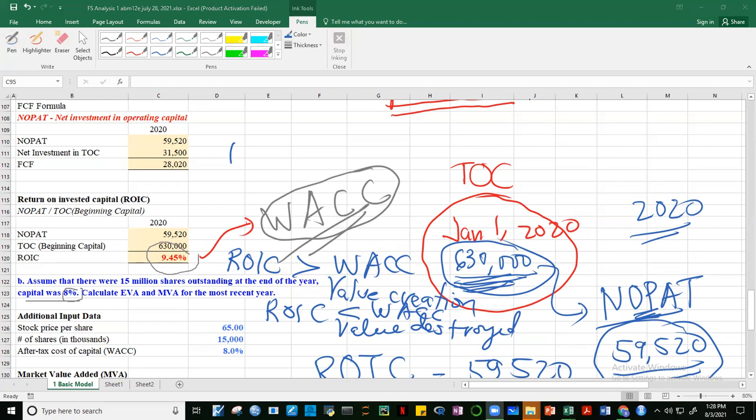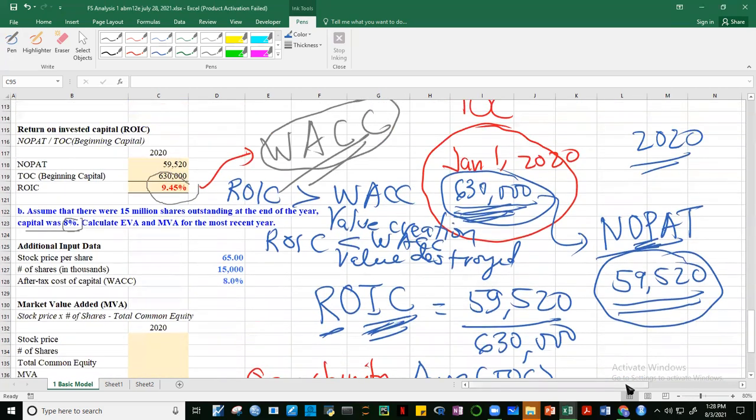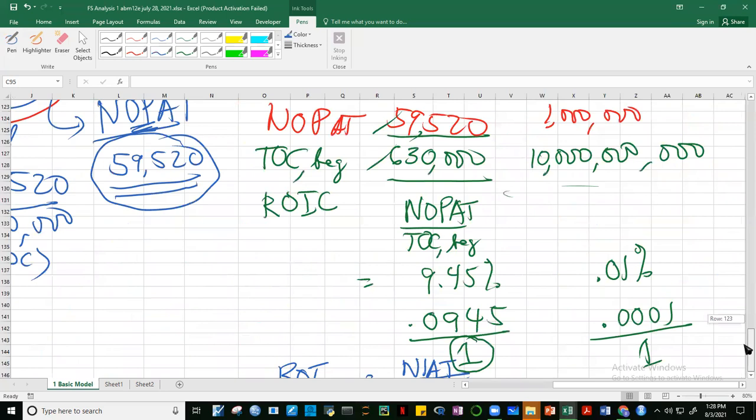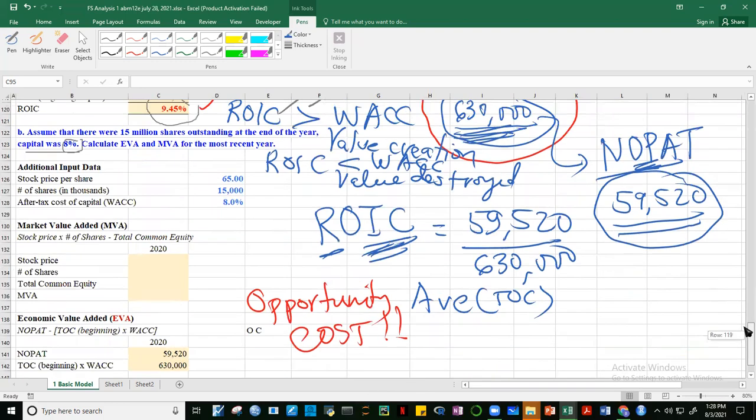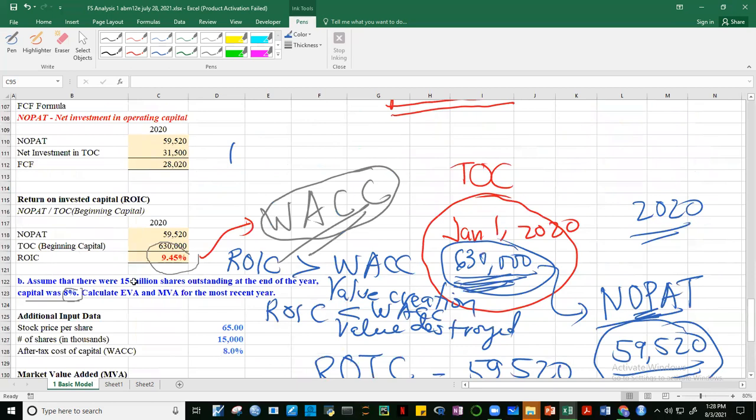Si ROA, magkano yung net income per peso of asset? Okay? So Lexi, thank you. You're correct. Mas maganda yung ROIC ni A as compared to B because its ROIC is higher. 9.45% as compared to 0.01%. Ang layo. Okay, so clear guys yung ROIC, return on invested capital.